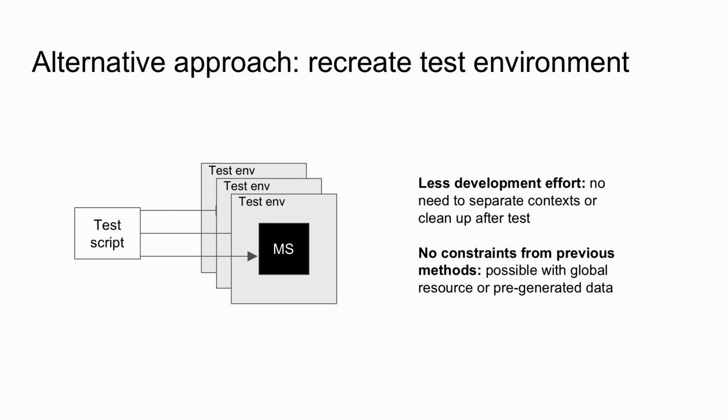This approach would have clear benefits compared to the previous approaches. We definitely have less development effort, because now we do not need to separate context or clean up after ourselves. We just shut down the entire environment, that's it. We also have no constraints from the previous methods. Even if we have a global resource in our microservice, it doesn't matter, it's not shared across the tests.